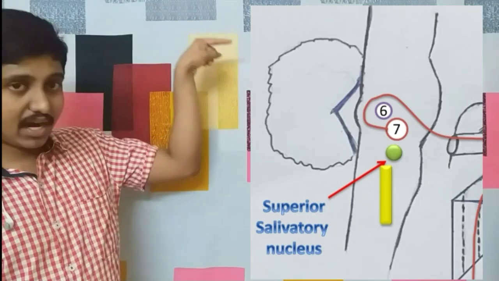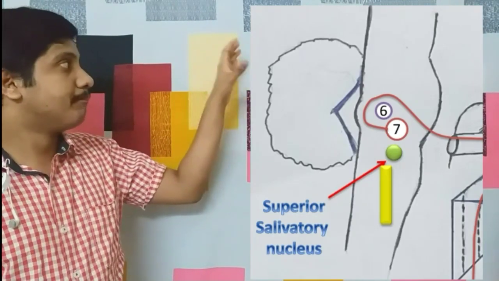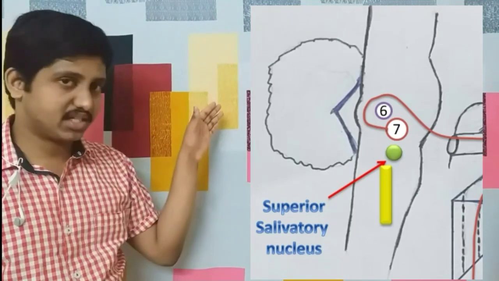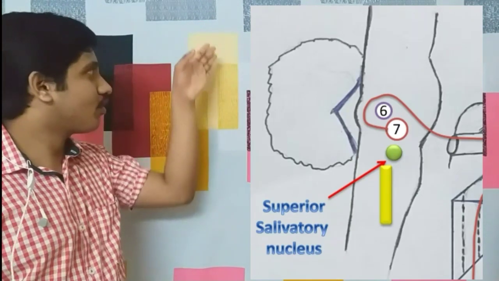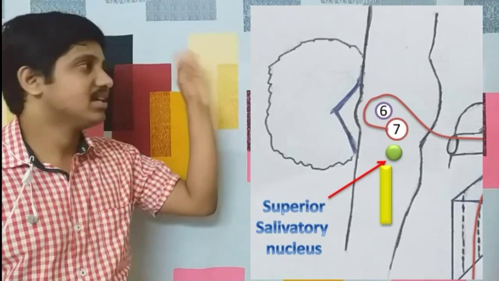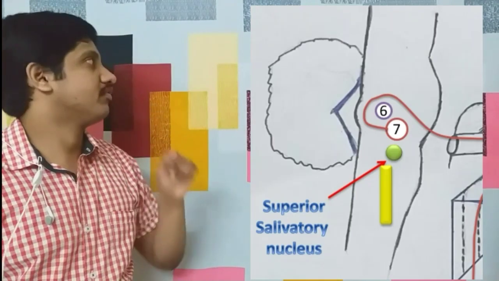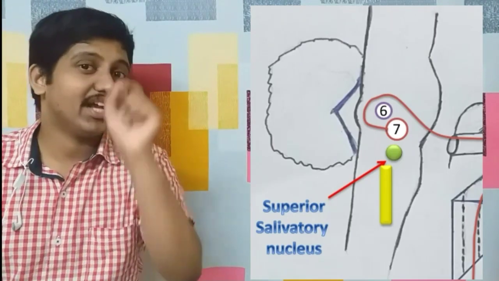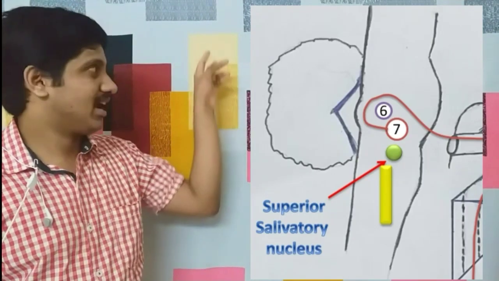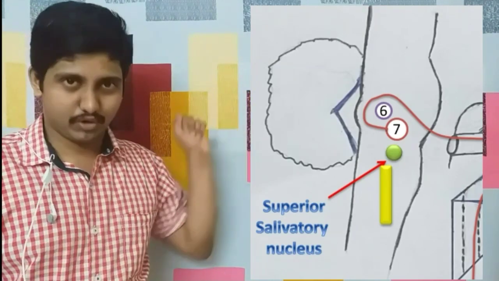It winds around the abducens nerve nucleus, that is the sixth nerve nucleus, and hence forms a bulge on the posterior part of the brainstem, and thereby on the floor of the fourth ventricle. That bulge is known as the facial colliculus, and then it comes out as the motor nerve.